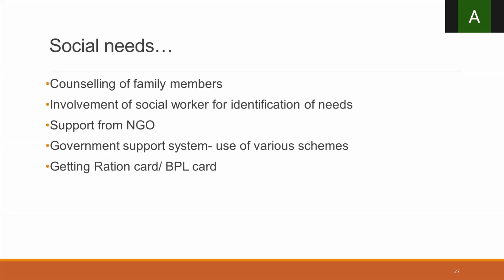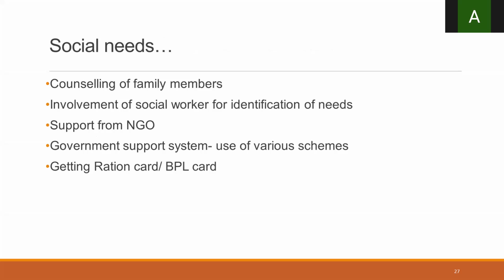Social needs identification, again counseling of family members, involvement of a social worker for identification of the needs, support from NGOs, government support systems. We should be aware of them, and how the patient's relatives can avail them.